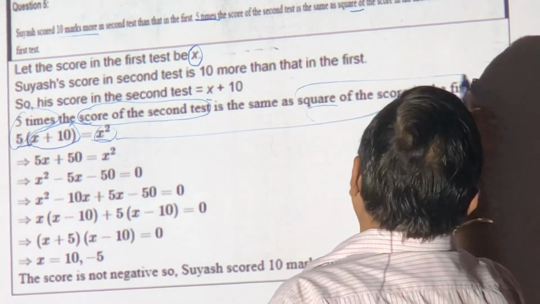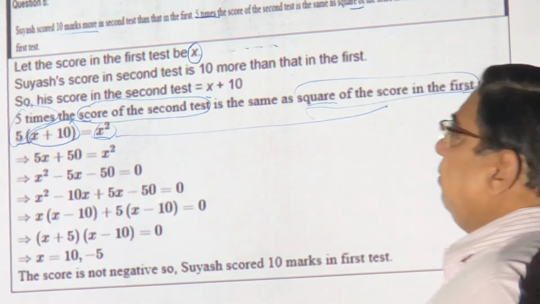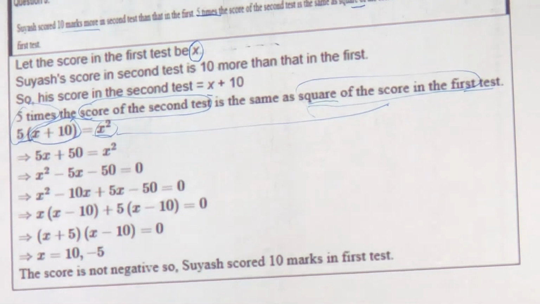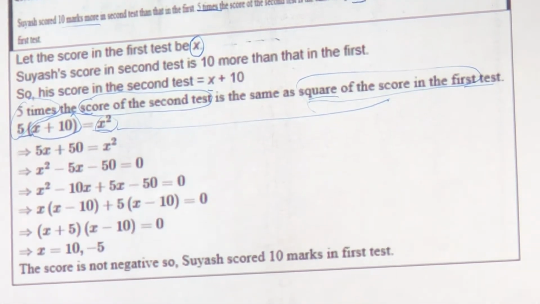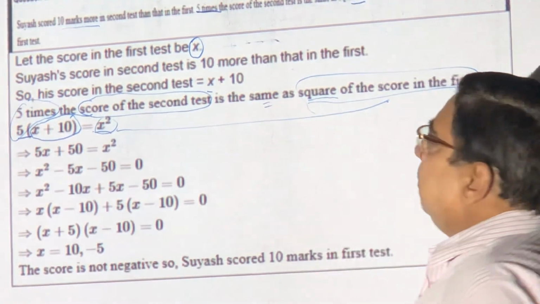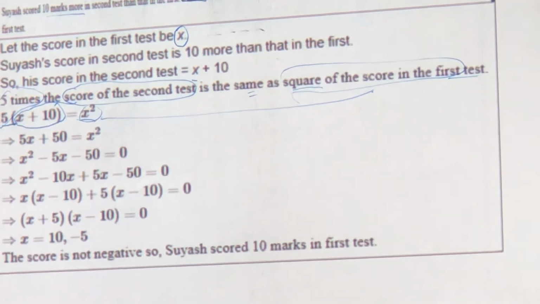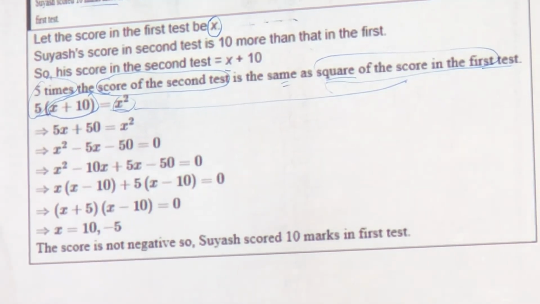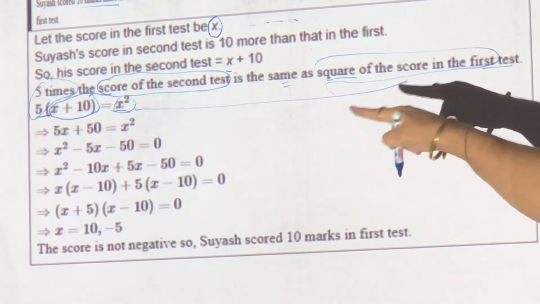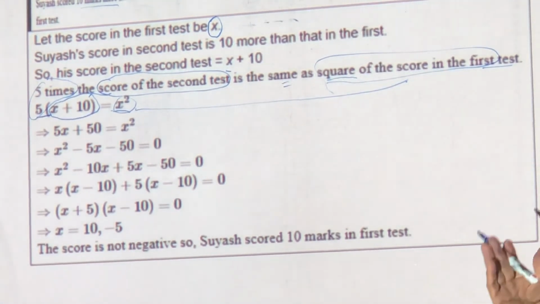Be careful, my friend. Now I have written it. Learn to write words into sums. Same means equal. 5 times multiply by 5, score of the second, I have got x plus 10. Same means equal. First test score is written, x square.